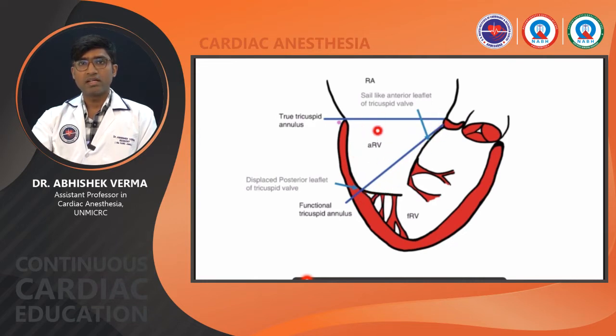That portion is the atrialized RV, and FRV means functional RV. This also decreases the RV cavity, so it later also hampers the pulmonary blood flow, and the atrialized RV becomes dilated and hypertrophied. This is characteristically also seen in the X-ray, ECG, and also in the echo. On the basis of the functional RV and atrialized RV, we will plan surgically.